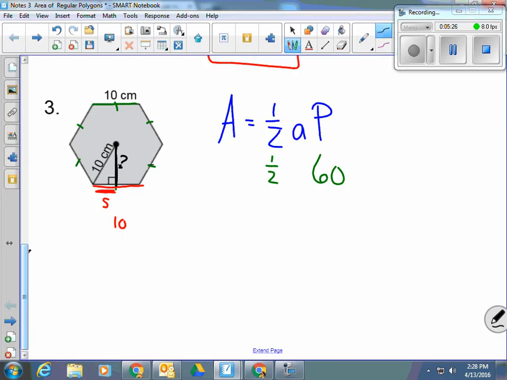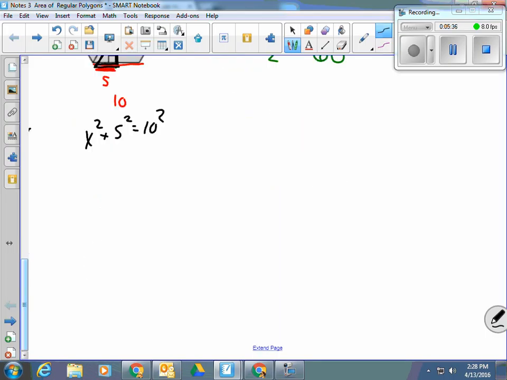Very good. So right here now I have a triangle where I know it's 5 and 10. I need to find this side. So x squared plus 5 squared equals 10 squared. So x squared plus 25 equals 100. Subtract the 25. x squared equals 75.